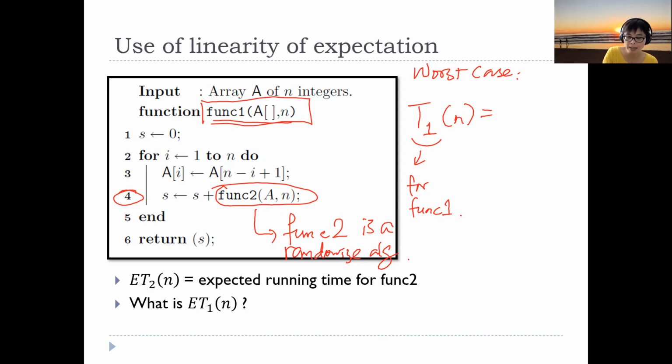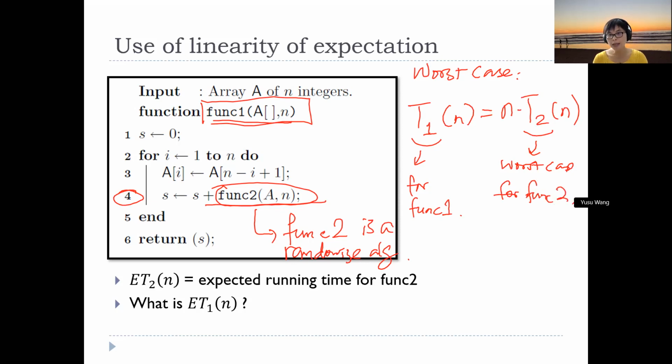The worst case is that function 2 also has its worst case running time. So this is the standard worst case analysis.